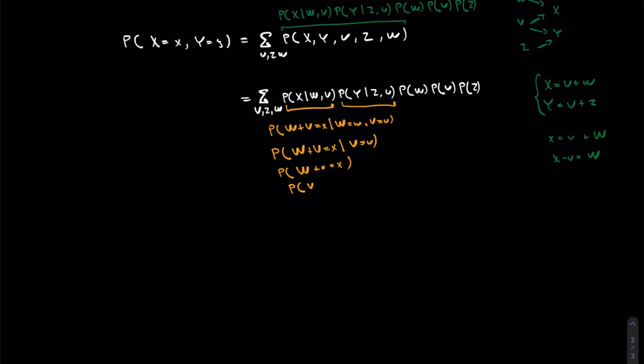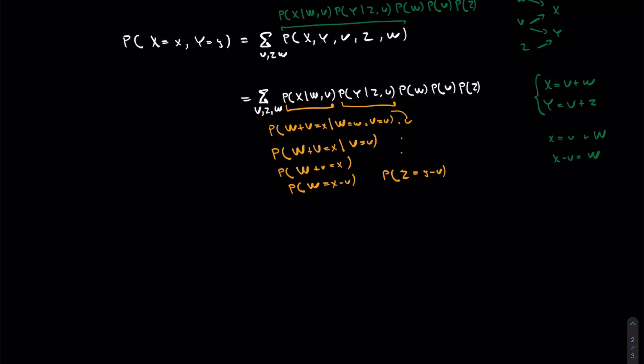So we have W equals X minus V. The process for Y is the same, and we arrive at Z equals Y minus V.